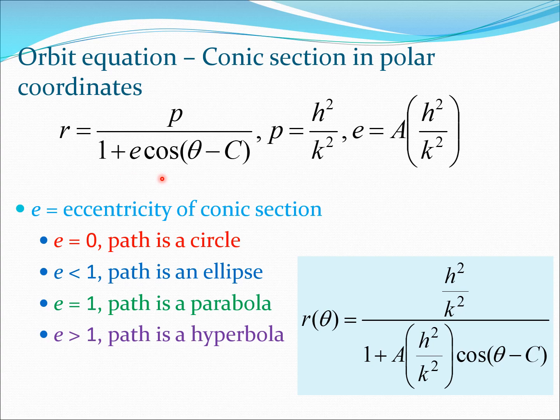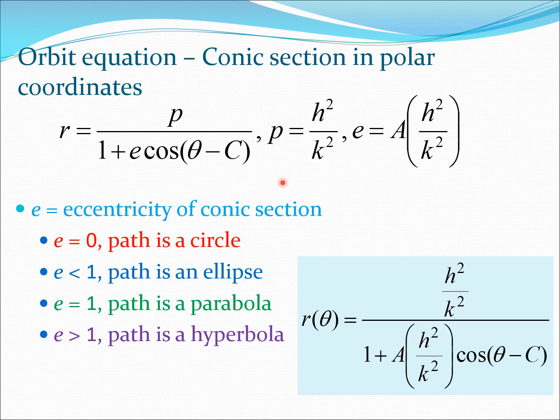Now, if you are familiar with mathematics of conic sections, most people study conic sections in Cartesian coordinates involving x and y. But if you know the theory in terms of polar coordinates r and theta, you will see that this is a conic section in polar coordinates, and the trajectory will depend completely on the eccentricity of the conic section, which is given here by e.